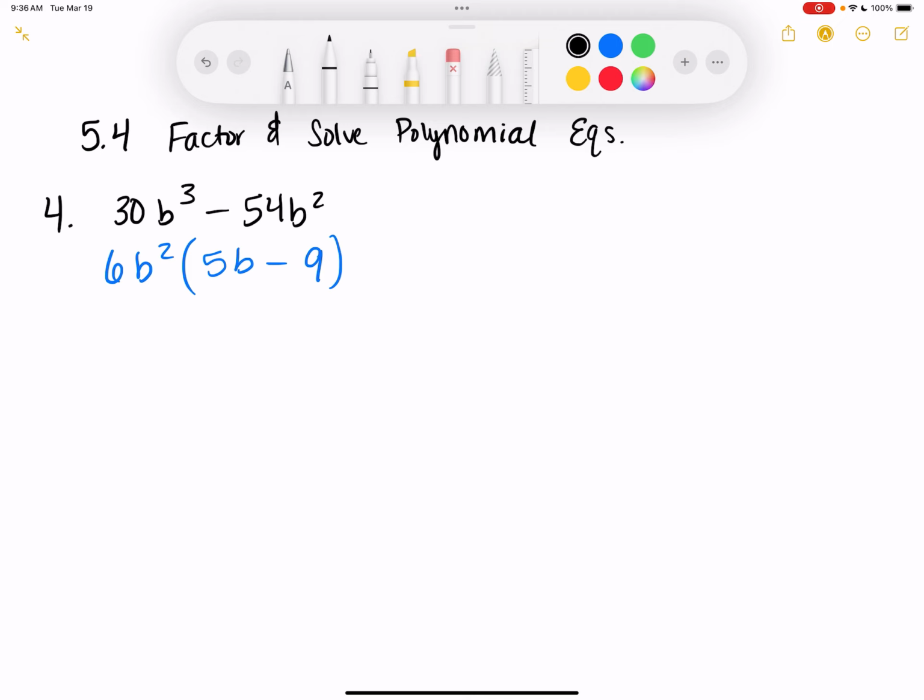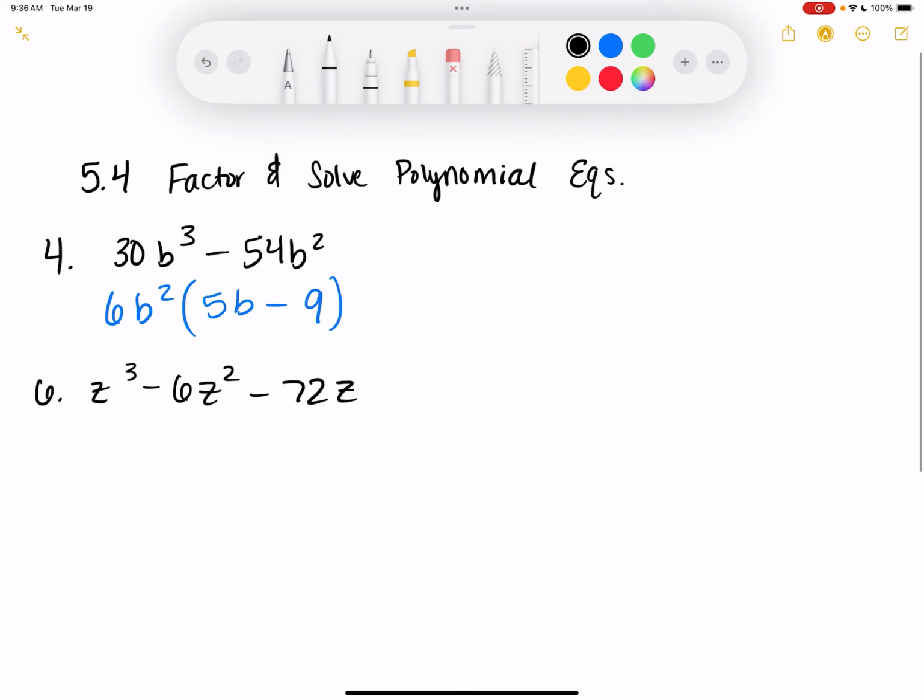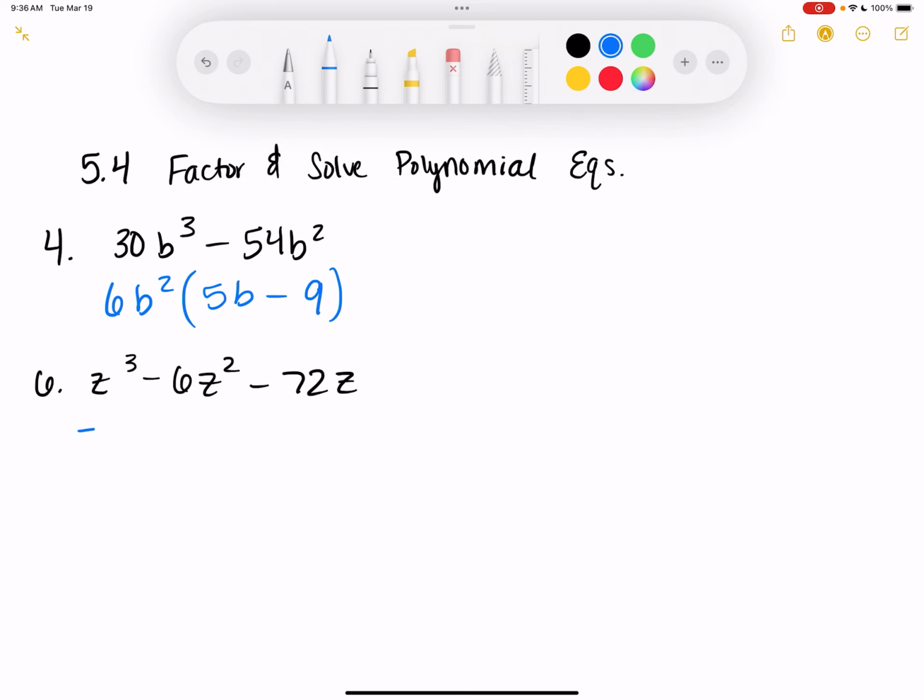6, z cubed minus 6z squared minus 72z. For this one, we want to first see if there's something we can factor out of all three pieces, and then from there, since it's three pieces, if we can factor it further, we will. So what can come out of all three pieces? A z.